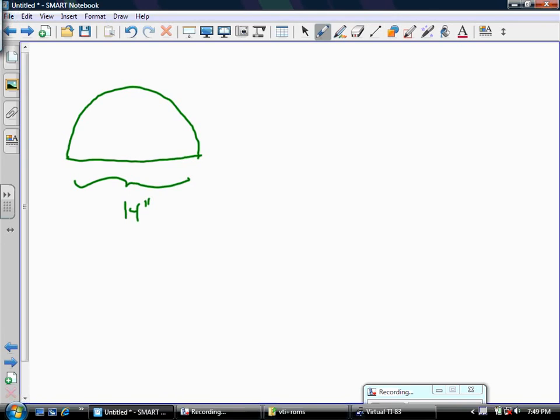How are you going to get the area of that semicircle? You know the area of any circle is pi r squared, and r is 7, so pi r squared would be, what's 7 squared? 49 pi, right? And it's a semicircle, so divided by 2. So 49 pi over 2.